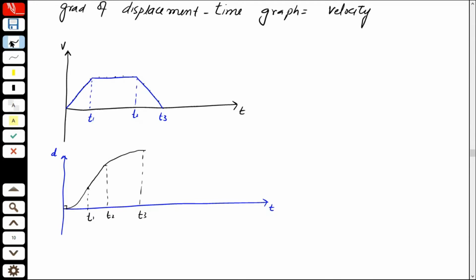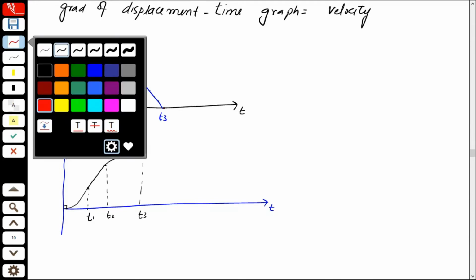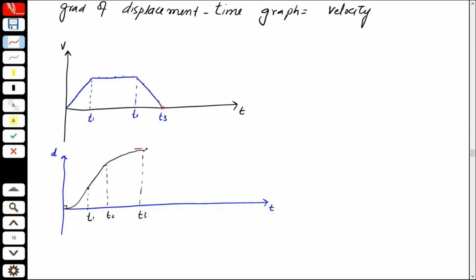Velocity is zero at this point, so the gradient is zero. Also note that velocity is positive throughout, so the object is moving in the same direction, which means the displacement of the object should always increase.